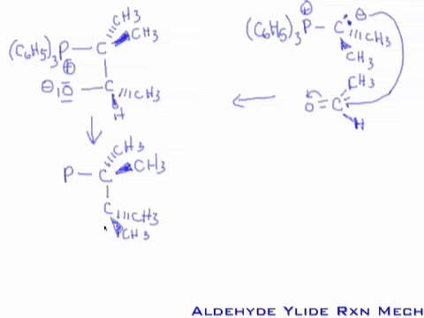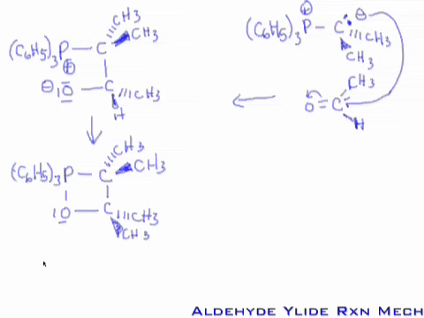And with that, off the phosphorus, we still have our C6H5s, our phenyls, 3 of them. But here we'll have 2 lone pairs, and we've lost a negative.